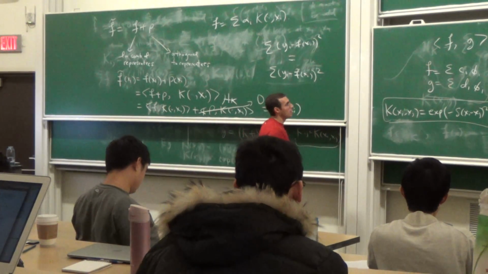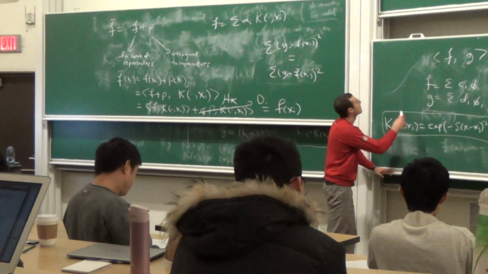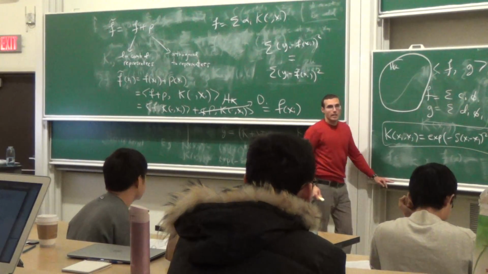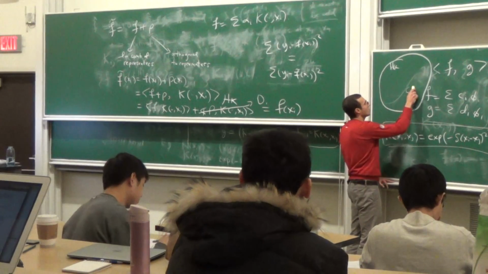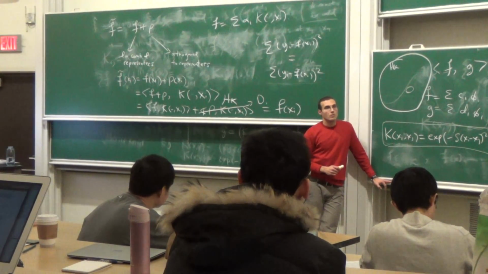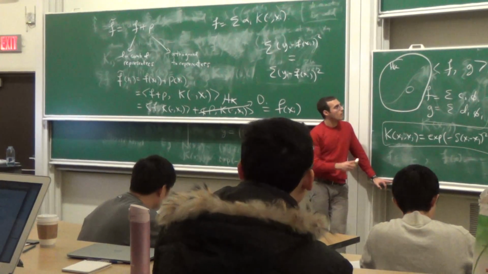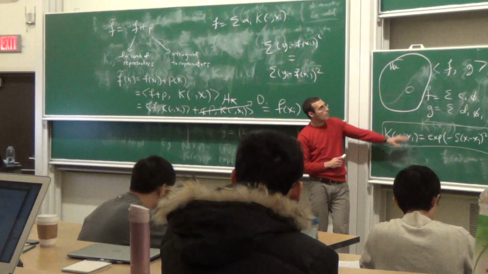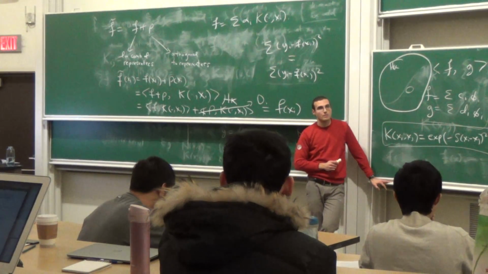So maybe a visual picture is like this: H_K is huge. It contains a lot of functions, and the representatives of evaluation are just some small subspace of that. We're trying to prove that the solution to the big problem over all of this is actually an element of that small subspace. But that first property holds for any function in the big space.